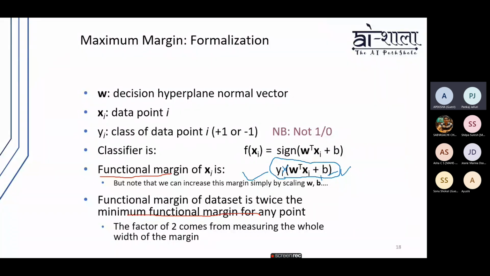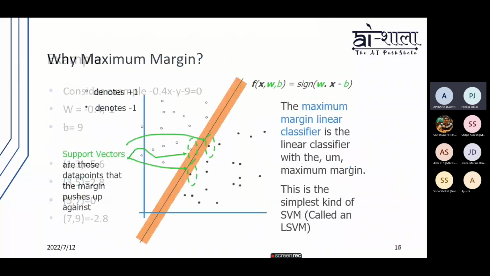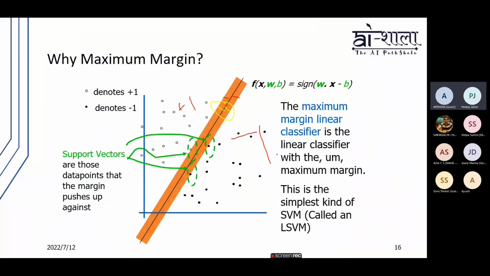Now, what is the problem with this functional margin? Suppose I keep on increasing the vectors, and I make new support vectors over here; this distance would increase.